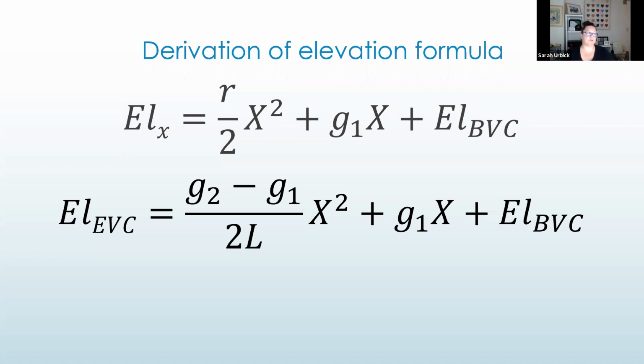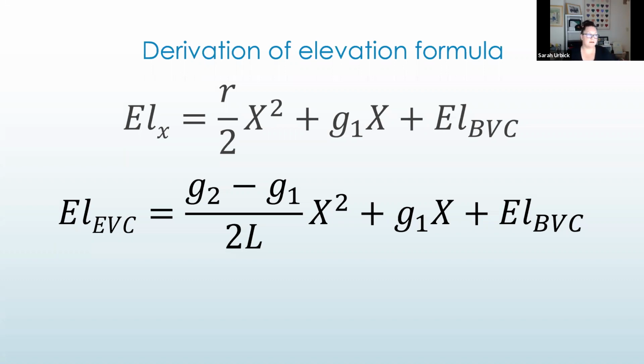In our parabolic formula, X being our distance from our starting point, plus our initial grade times our distance from our starting point, plus our initial elevation. So we have these X components, and those are contributing to the horizontal component by the percent grade that we're using. How much that's contributing depends on how far we have gone.